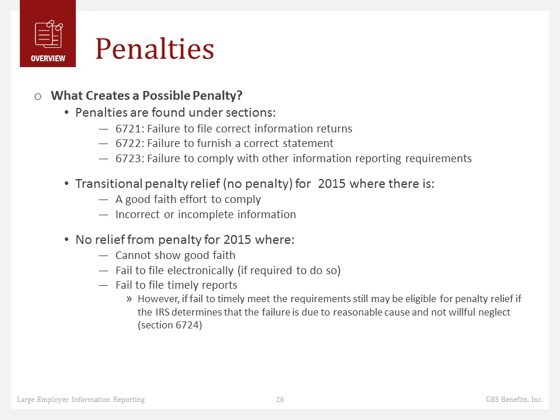So what creates a possible penalty? Well, there are several penalties that may be assessed under information reporting, just like there are some penalties under employer shared responsibility and the 90-day waiting period and the MLR reporting rebates and all the other provisions of the ACA. So information reporting does come with penalties, and we've already talked about one, which is if you fail to file electronically and you were supposed to, there's a penalty.